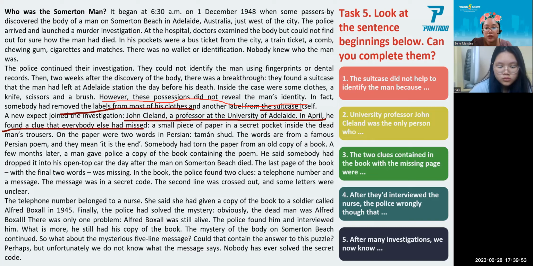After they interviewed the nurse, the police wrongly thought that Alfred Boxall was still alive.